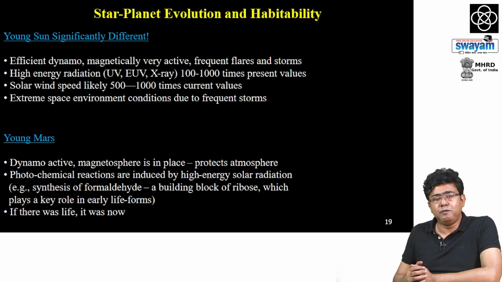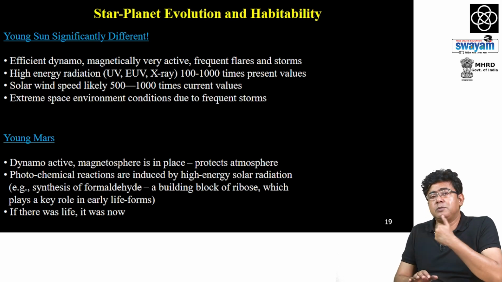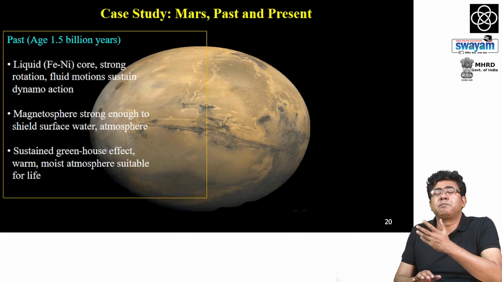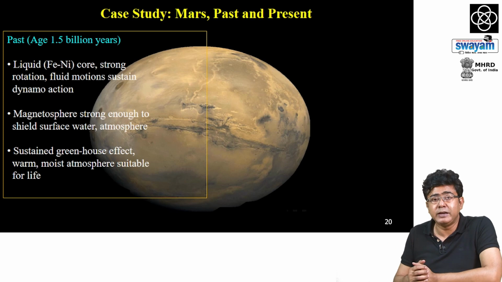evolution of Mars, the liquid core of Mars eventually became solidified, and due to this, the dynamo, the Martian dynamo, stopped working, and the fields decayed, and there was no large scale magnetic field protecting the Martian atmosphere anymore.